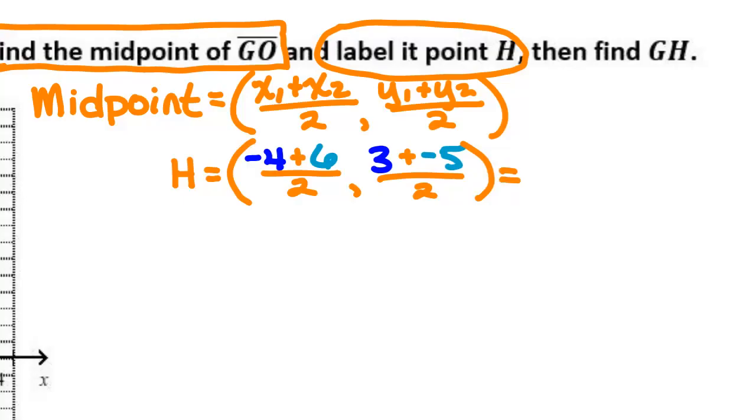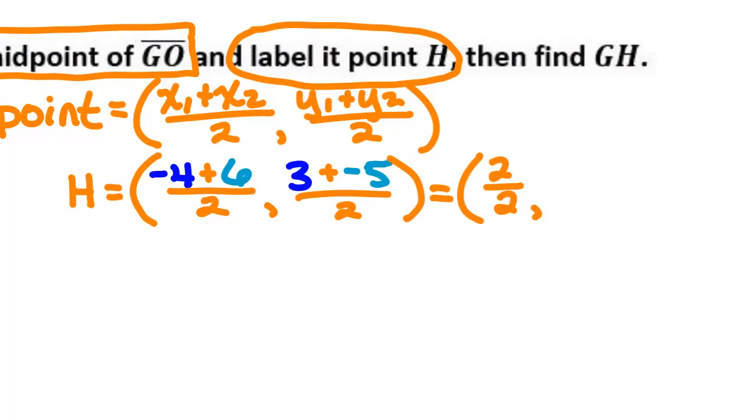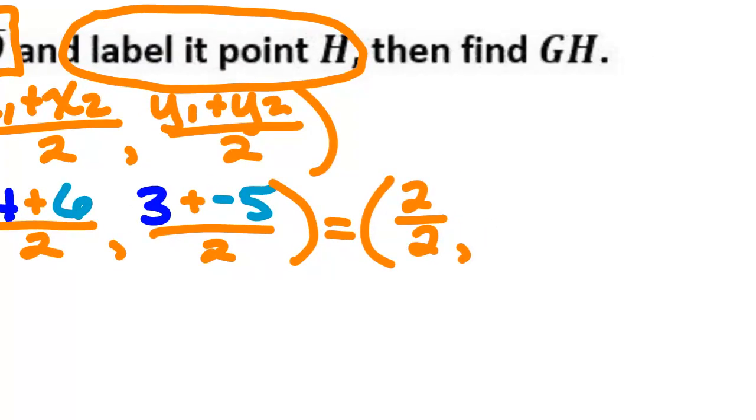What is negative 4 plus 6? 2. So I have 2 over 2. What is 3 plus negative 5? Negative 2 over 2.